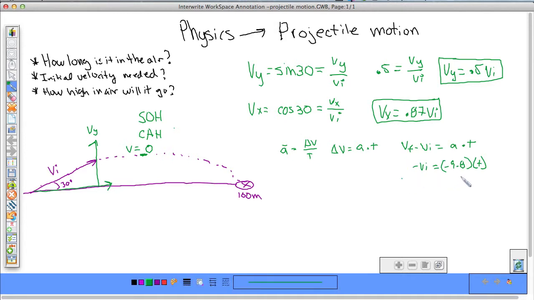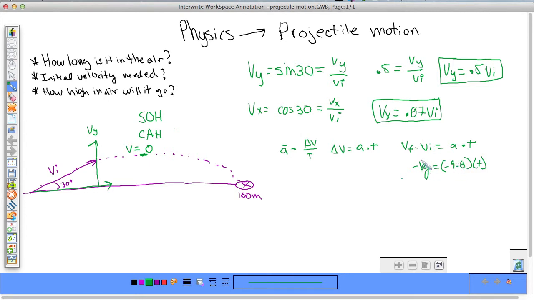Negative velocity initial equals negative 9.8 times my time. Well, what I want to know here is my initial velocity in the y direction, because only the velocity in the y direction has gravity acting on it.